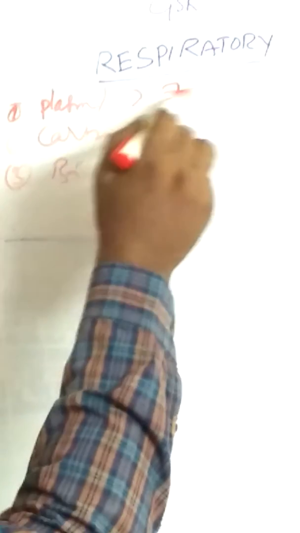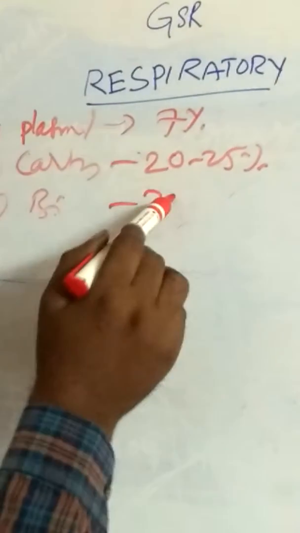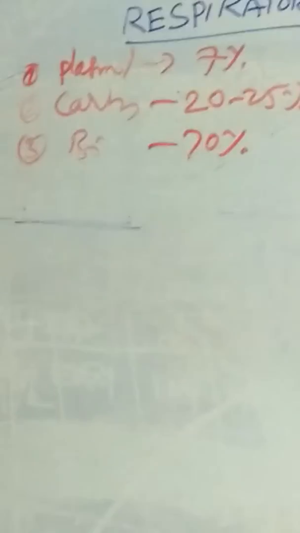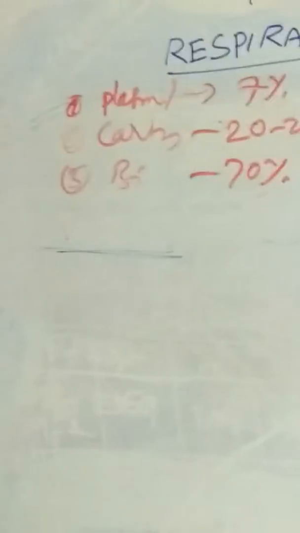First one is plasma, the dissolved state. 7% of the CO2 transport takes place through the dissolved state. 20 to 25% through carbamino compounds. 70% of the CO2 transport takes place as bicarbonates.